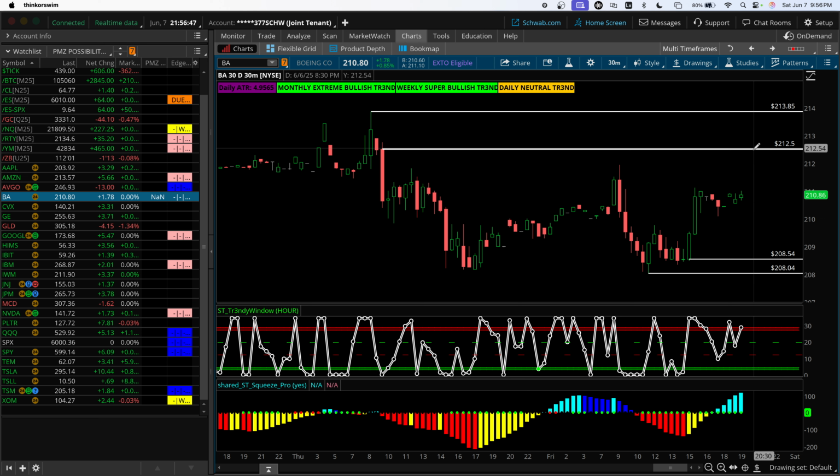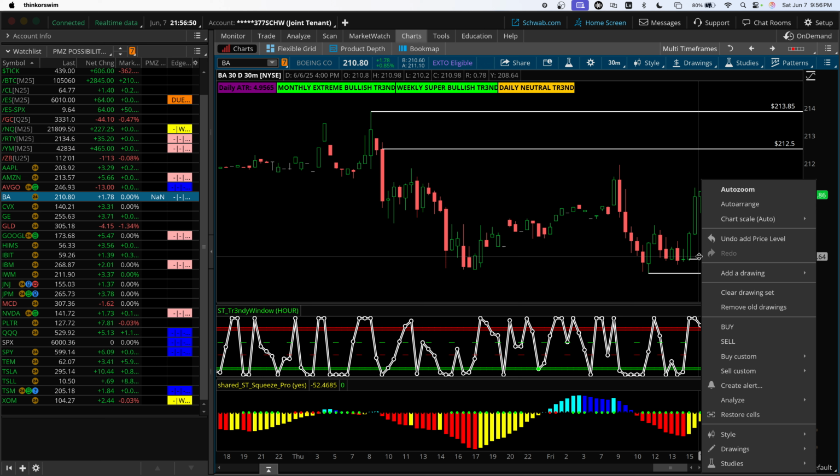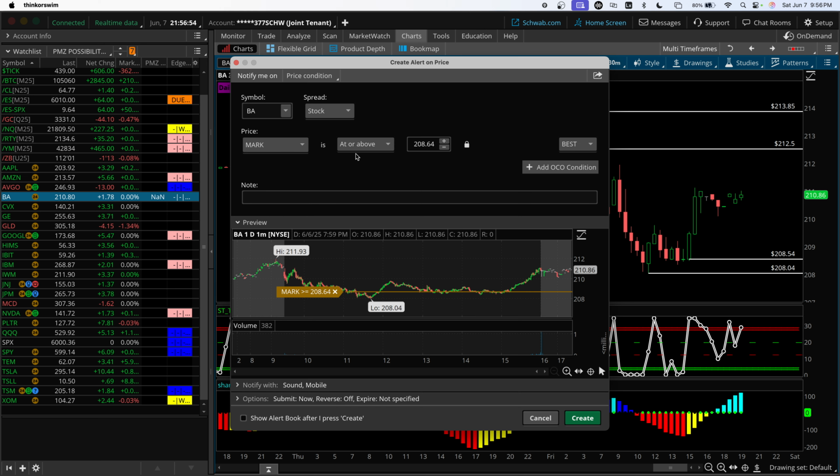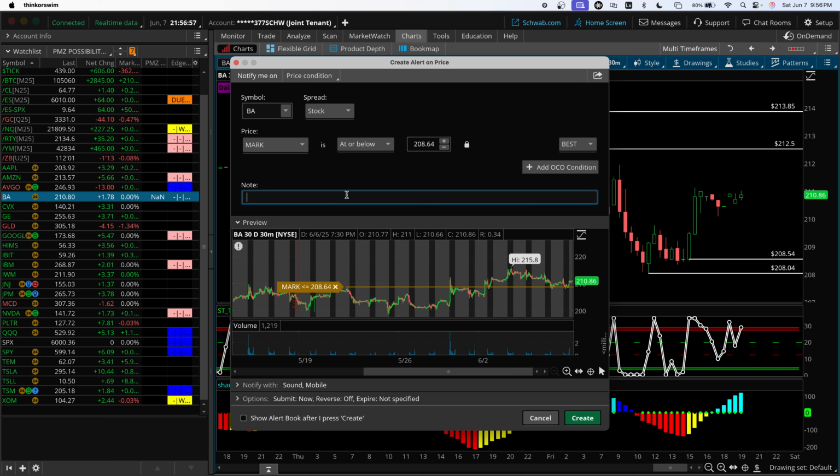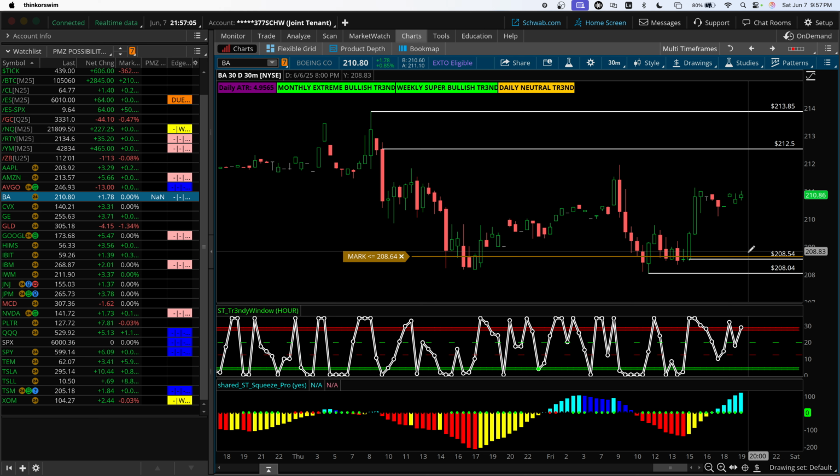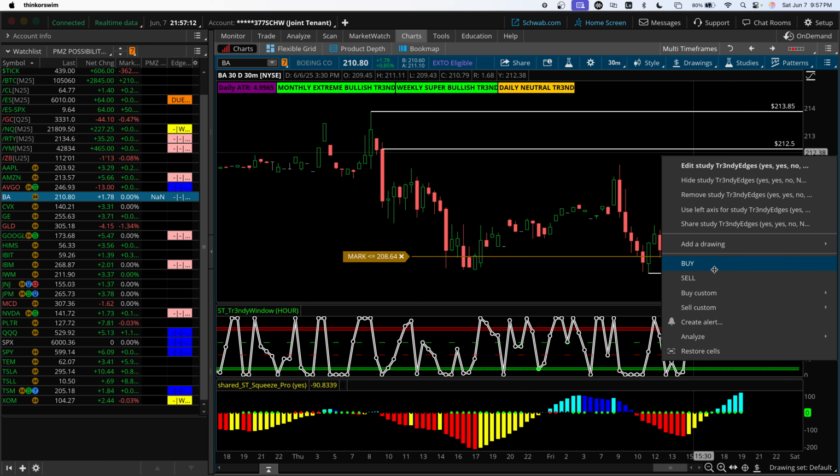I don't just sit and stare at the charts if I am looking for an entry. I like to use alerts and just set an alert for myself, labeling this one a buy zone. That way, if price comes back to my buy zone, I will get an alert and then I can go and place a trade.